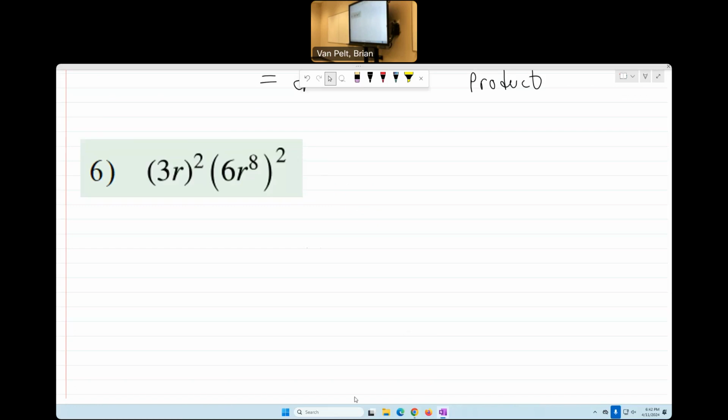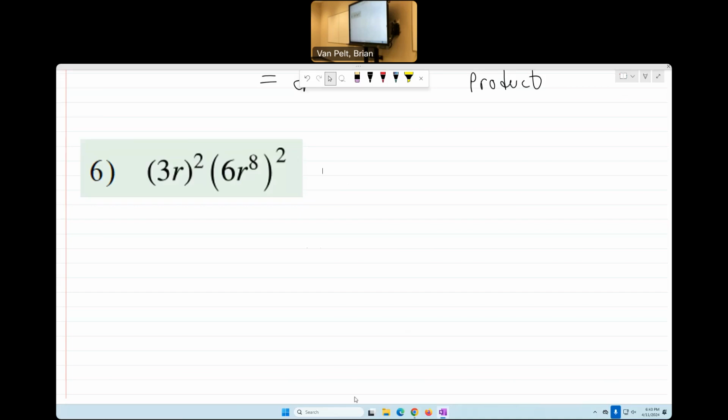On the first piece, you have two numbers, 3 times r, I don't know what r is, raised to a common power.